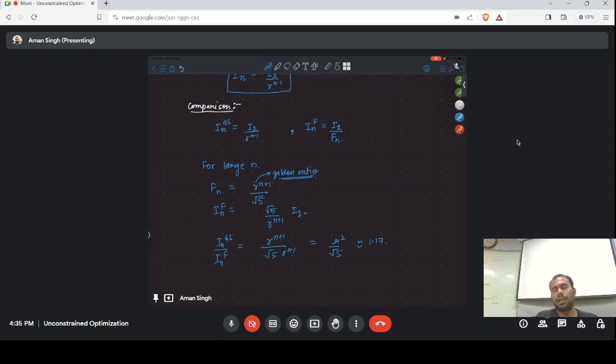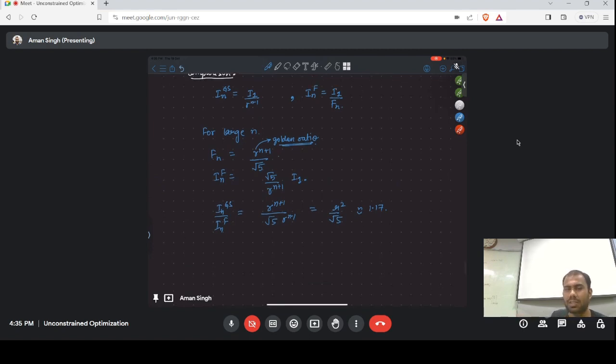This means the nth interval length of golden section is 17% more than that of Fibonacci. So Fibonacci is tighter, but there is a trade-off: you don't have to find n beforehand in golden section search. This is the benefit of golden section search.